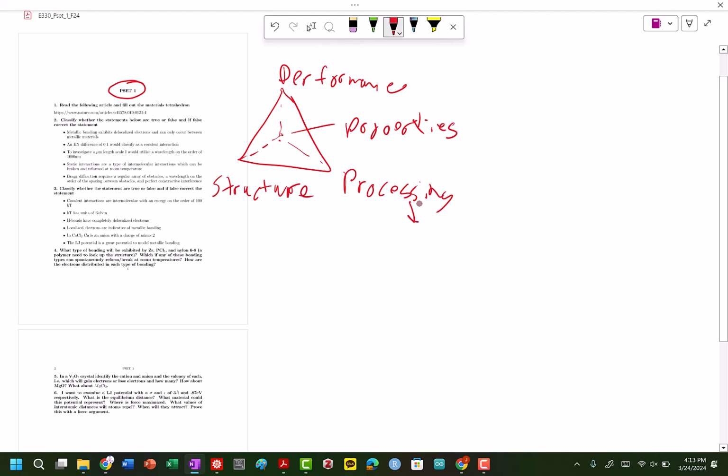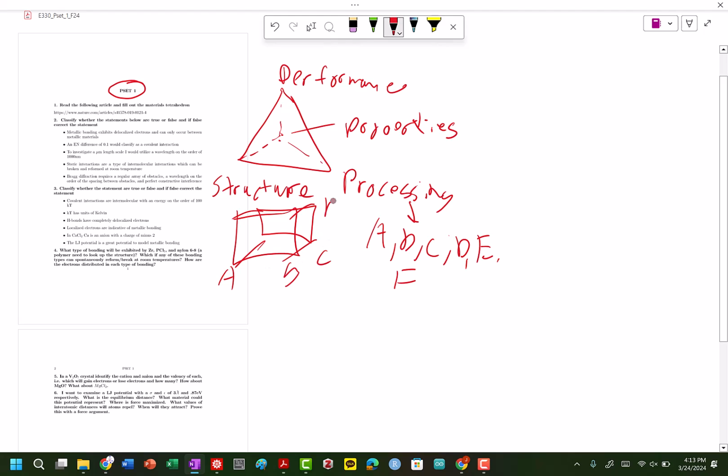So I perform a process, meaning I mix A, B, C, D, E, F elements together. I create a structure now in my system that's a high entropy alloy, which has A, B, C, D, E, F integrated into my structure. This changes properties.